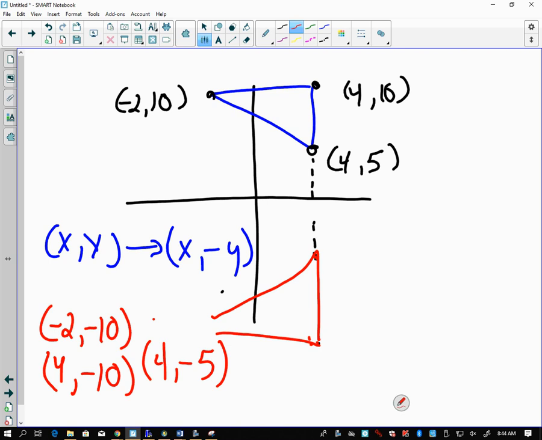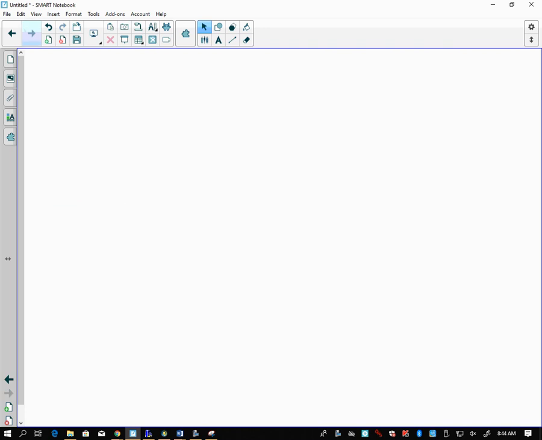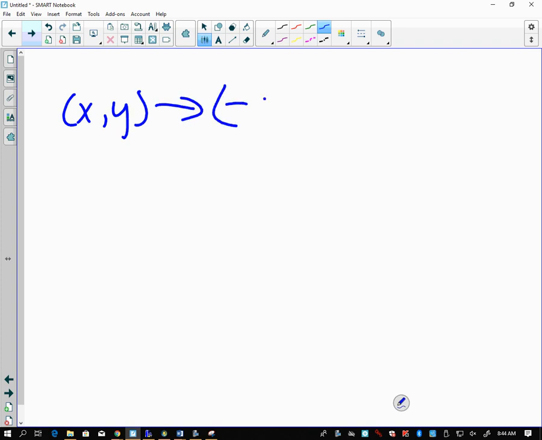So this is the rule for reflection across the x-axis. Just so that you're aware, we also have a rule for flipping something across the y-axis, which is (x, y) to (-x, y). In that case, the y doesn't change, but the x changes signs.